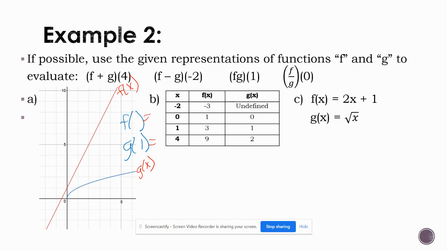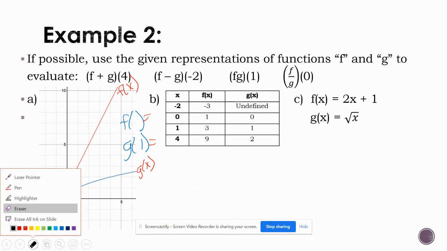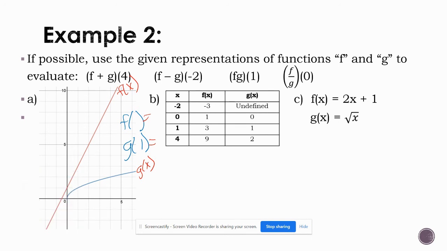All right. Second, they're asking us to find F minus G of -2. Well, -2 is here for x, and it looks like it's going to join up on our f function as -3.